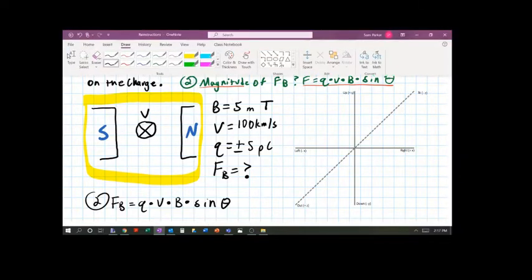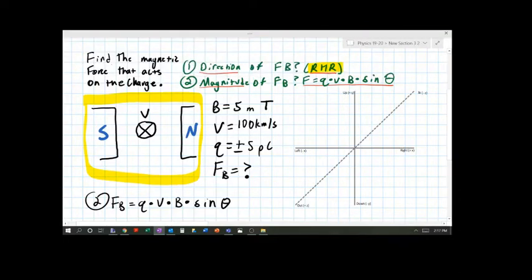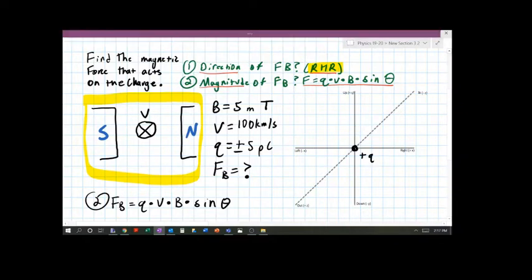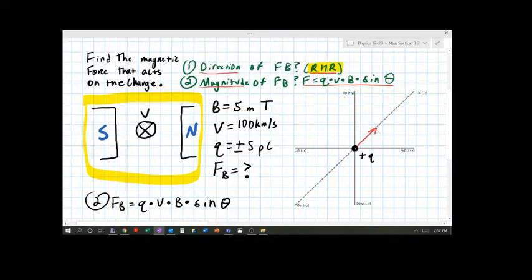So let's find the direction first using the right-hand rule and this little diagram, or these little coordinate axes that I have to the right. I'm going to put the positive charge at the origin because that's the simplest way to do this, and the charge is moving into the page on the negative z axis.